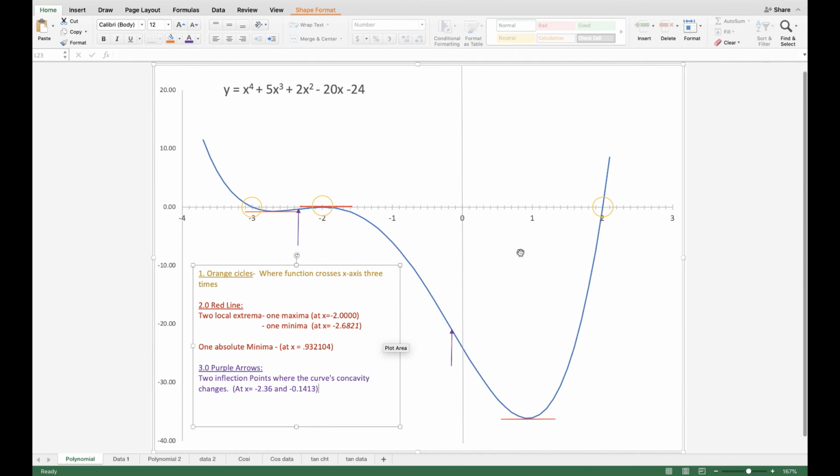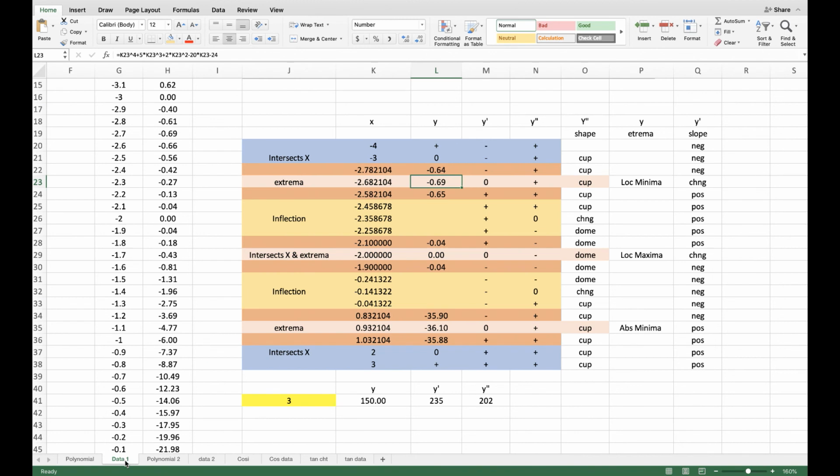They were able to draw their graphs using this information from the derivatives and the second derivatives, looking at the zeros and whether or not they were positive or negative. And so that really helps in understanding the behavior or the characteristics of the functions.